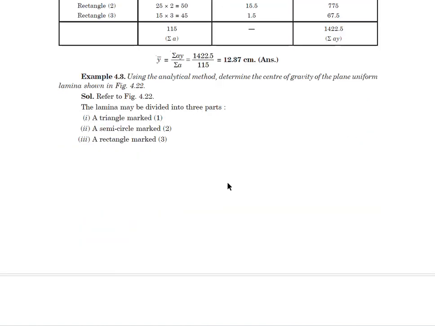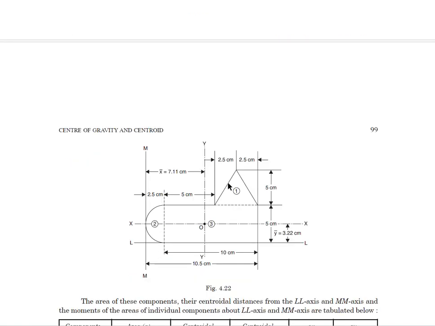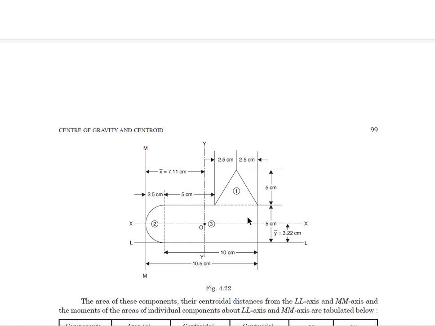And the next example: using the analytical method, determine the center of gravity of the plane uniform lamina shown in figure 4.22. So this is the next example. In this you can see multiple areas connected together to form this composite area.